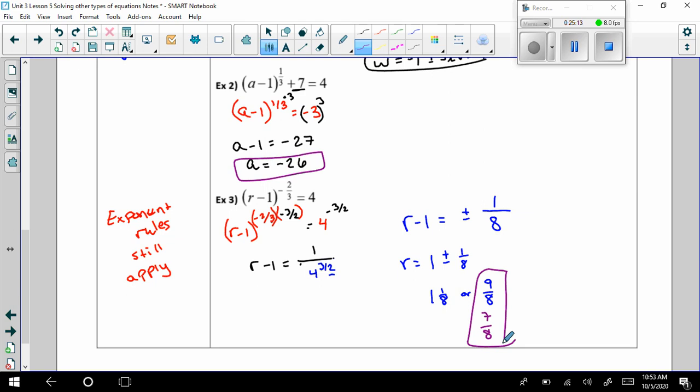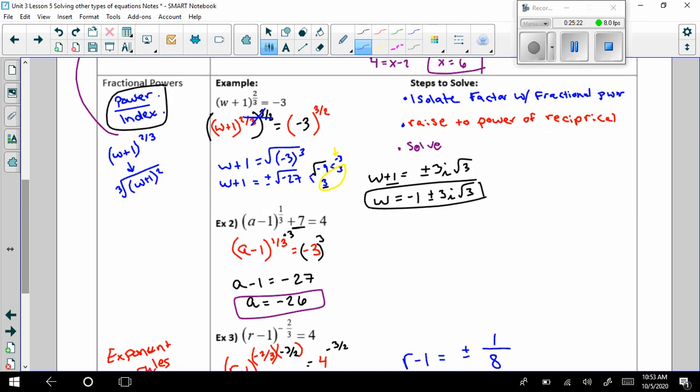Okay, I know this is a lot, but keep in mind you are using inverse operations every single time. So how can I isolate this expression and then use inverse operations to solve it? Think about PEMDAS. Get rid of any addition, subtraction, get rid of any multiplication or division that you can.